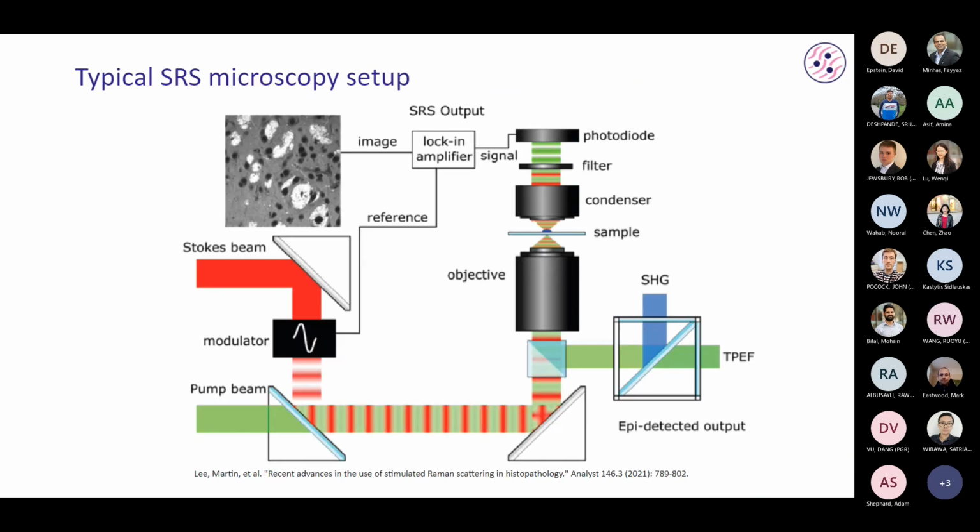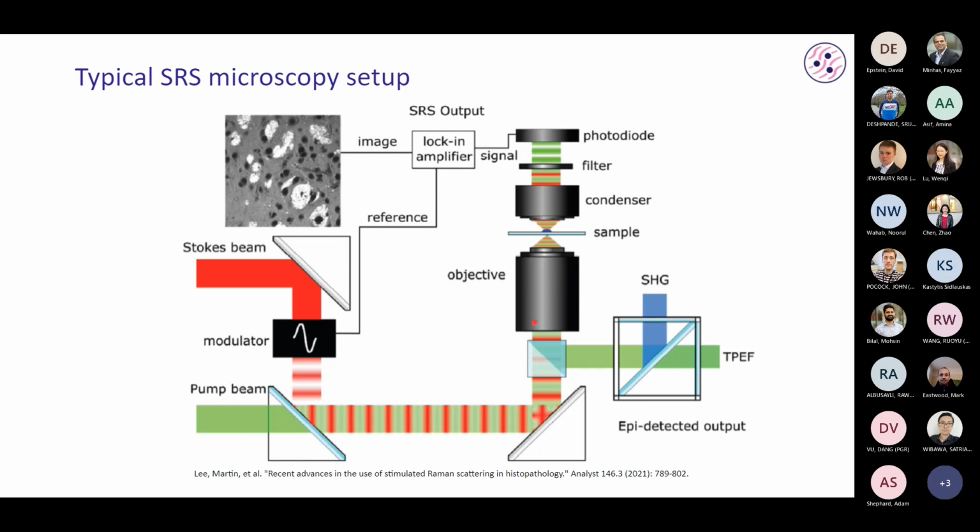So quickly, into a typical microscopy setup for this sort of imaging. You have your Stokes beam and your pump beam, two lasers tuned so that the difference between them matches whatever vibrational state you're interested in. It's sent through the sample, and you detect the stimulated Raman signal.